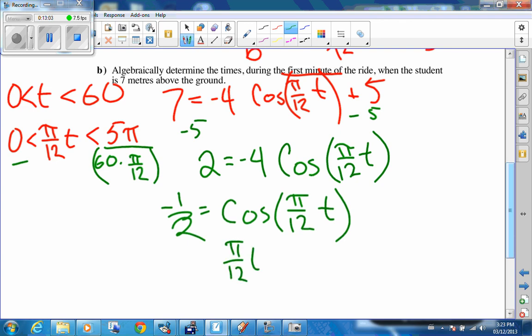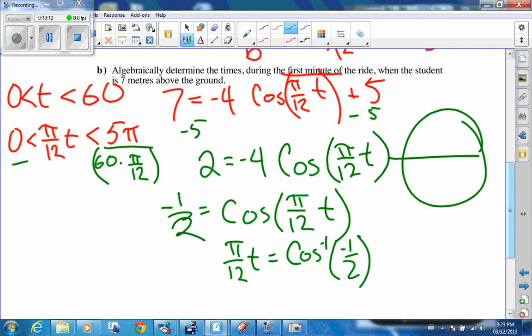Then pi twelfths t is cos inverse of -1/2. Good old unit circle. Cos is -1/2 here and there. So that's going to be 2 pi thirds and 4 pi thirds.